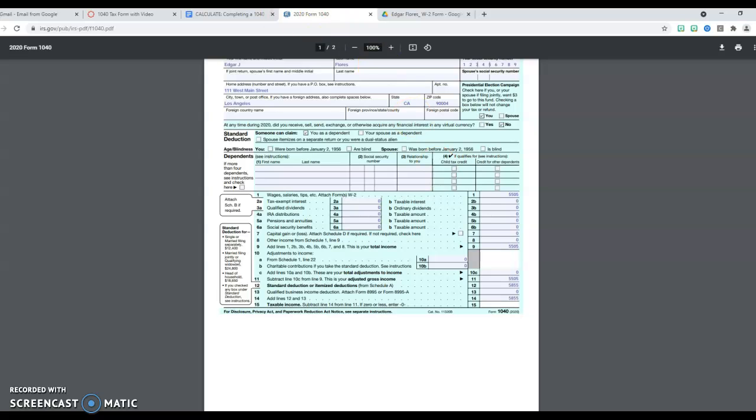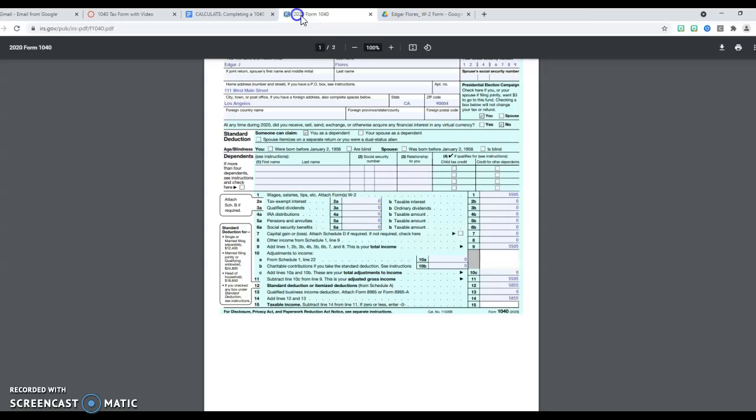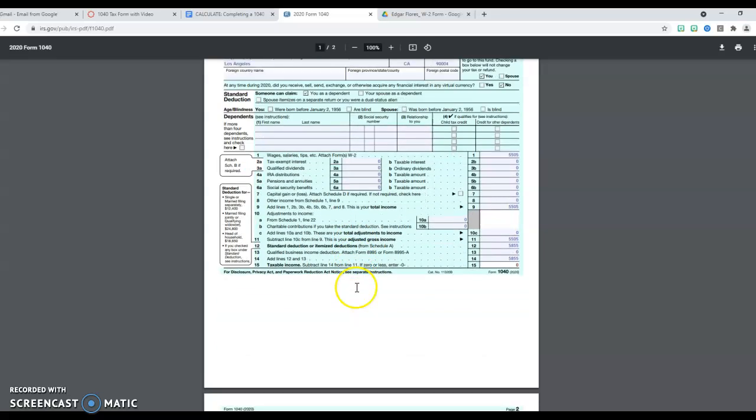Okay, and line 15 doesn't say anything, so we'll read our directions. Subtract line 14 from line 11. If 0 or less, if we get a negative number, we're going to write 0. Questions? All right, moving to the next page.